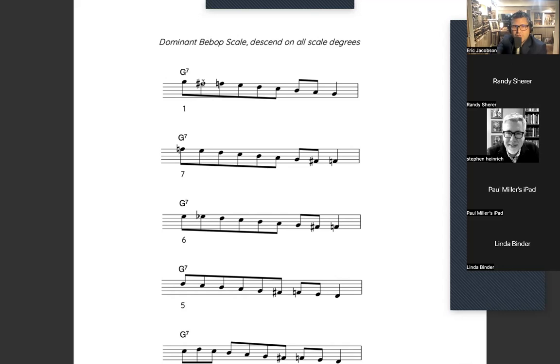Otherwise, if I didn't have that, it would just be a dominant scale, not a bebop scale. Notice they're all eighth notes, 1 and 2 and 3 and 4 and. I'm just adding the note so you can play all the way through. So I'm going to demonstrate that starting on the 1.